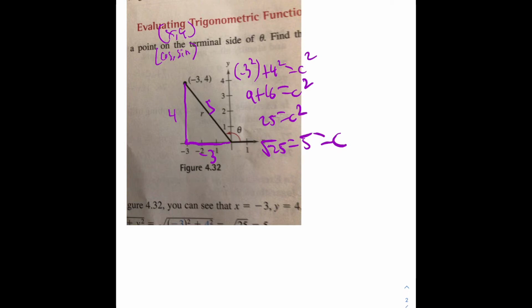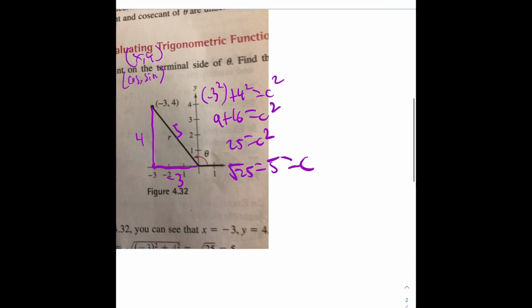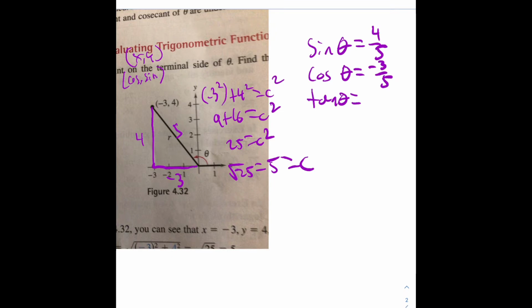So if I wanted to list out sine, cosine, and tangent in this example, sine is y over my r value, or my radius. So that would be 4 over 5. Cosine is my x value, which in this case was -3, so -3 over 5.